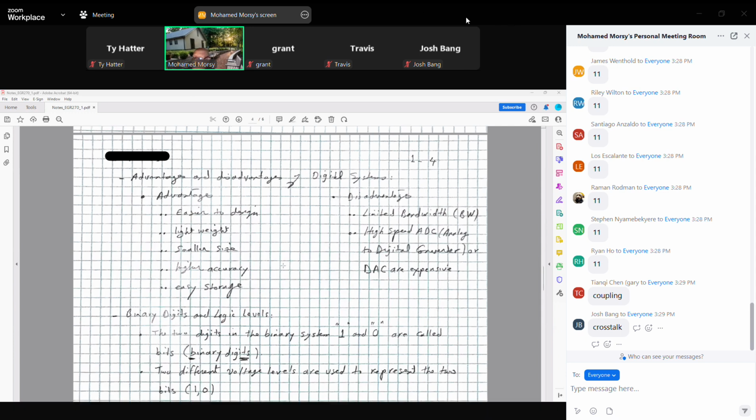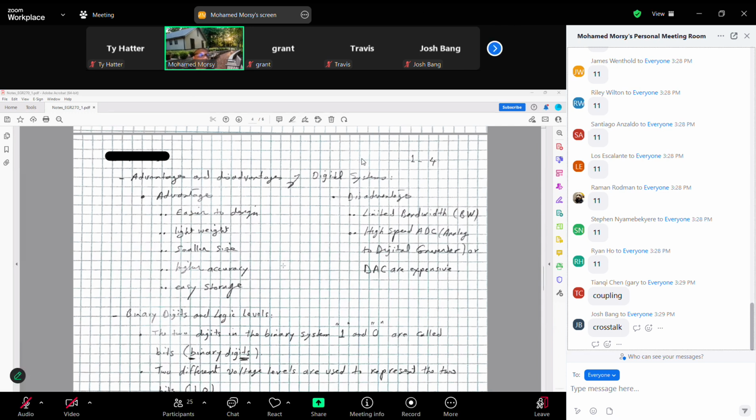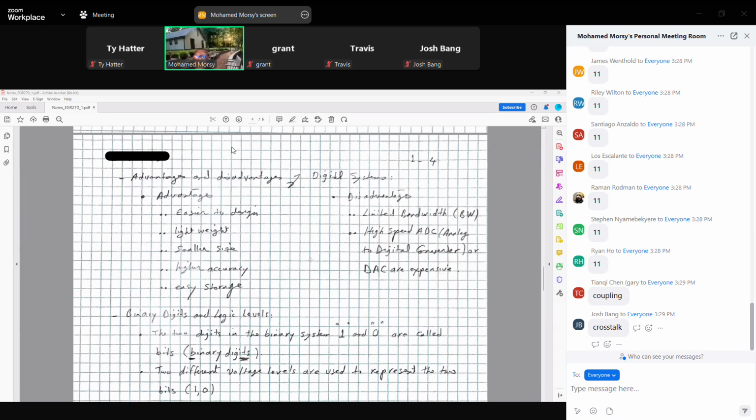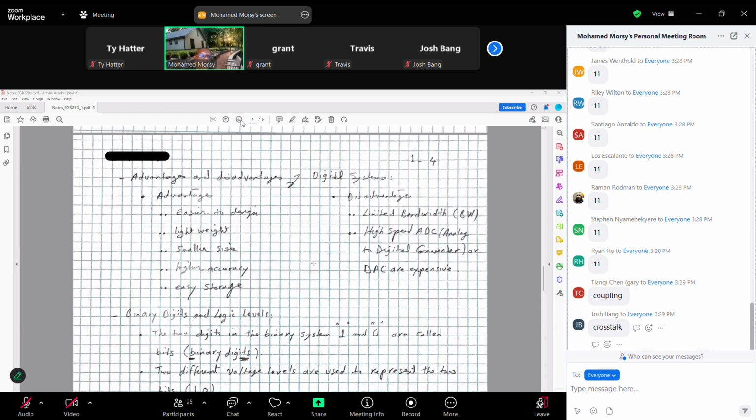So, of course, most equipment now is converted from analog to digital. So why do we look at digital systems? There are many advantages actually.